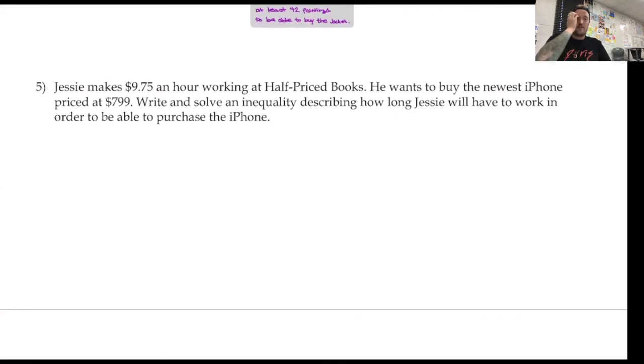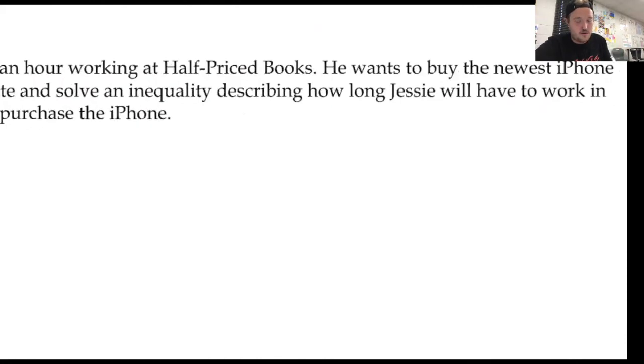So for the last one, Jesse makes $9.75 an hour working at Half Price Books. He wants to buy the newest iPhone priced at $799. So write and solve the inequality describing how long Jesse will have to work in order to be able to purchase the iPhone. So in this case, your first step, your ultimate question: how long will Jesse have to work?